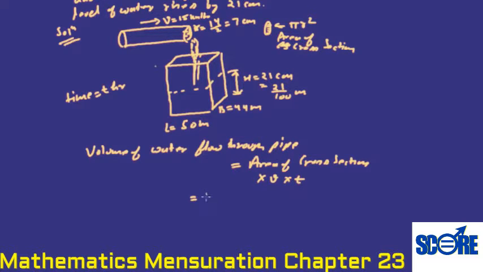So the volume is pi r square into velocity into time. Now we put the values. The pi is 22 upon 7. As r is in centimeter, we convert all the units into meter. So 7 centimeter can be written as 7 by 100 meter. It is squared, so 7 by 100 two times.